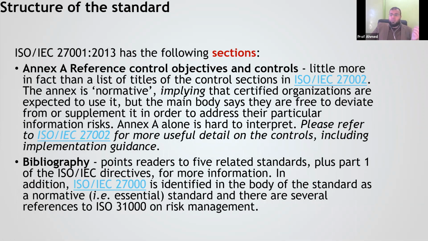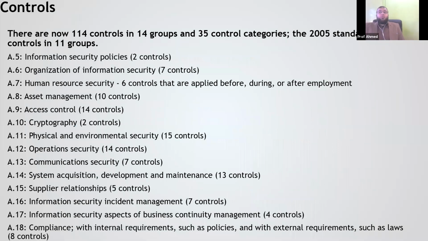The annex of ISO 27001 can be very clear here. Annex is the controls. We have 114 controls in ISO 27001, categorized in 14 groups and 35 control objectives. You can start with A5, information security policies; A6, organization of information security, with 7 controls; A7, human resource security, which covers before, during, and after employment, with different controls.